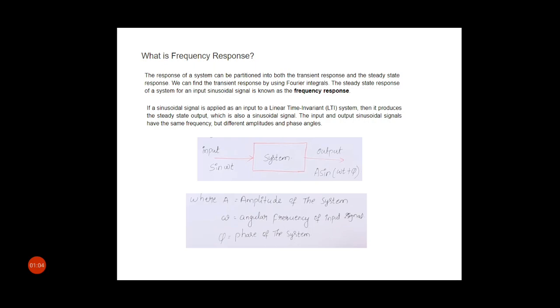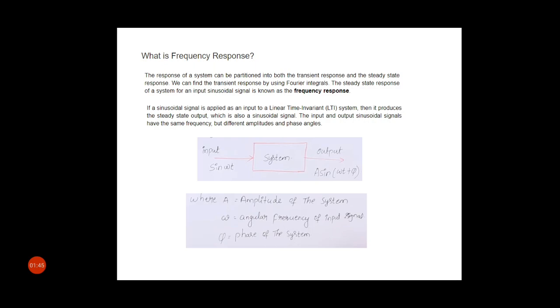You can observe that amplitude and phase vary, but the frequency does not vary. That means you are getting the same signal at the output with increasing or decreasing amplitude and a change in phase, due to the system characteristics.